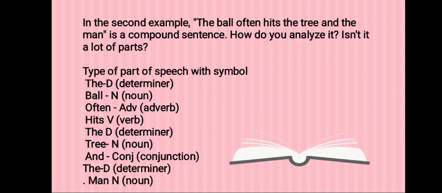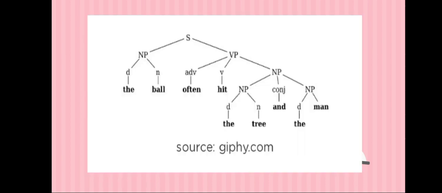Okay, type of part of speech with symbol: the, determiner; ball, noun; often, adverb; hits, verb; the, determiner; tree, noun; and, conjunction; the, determiner; man, noun. Like that, between the words of the sentence, a tree diagram is formed.